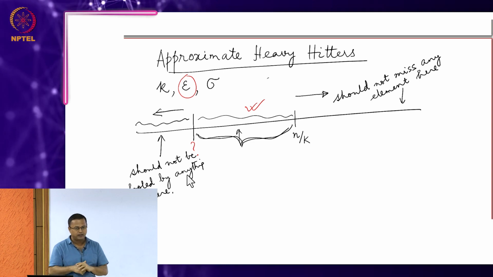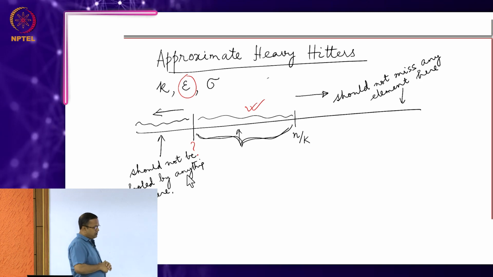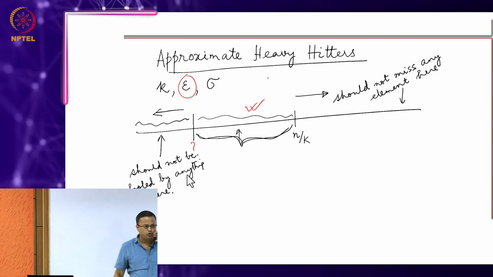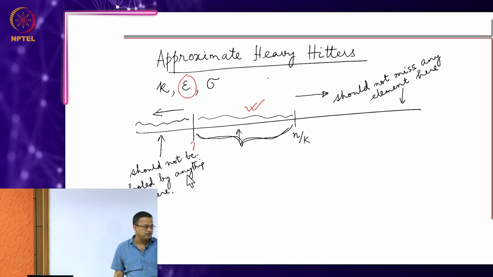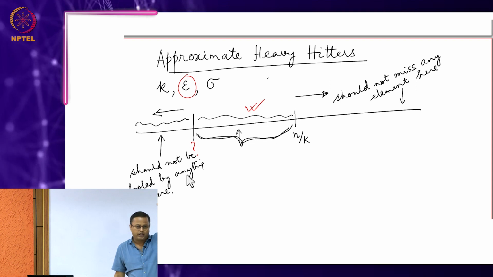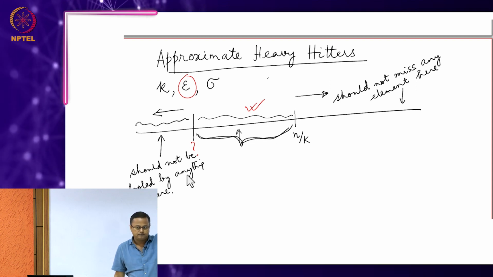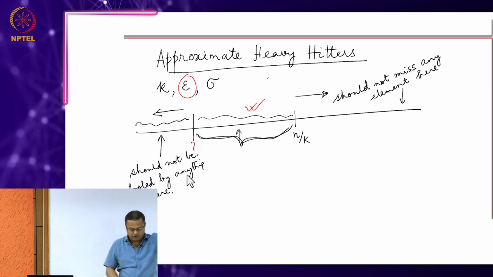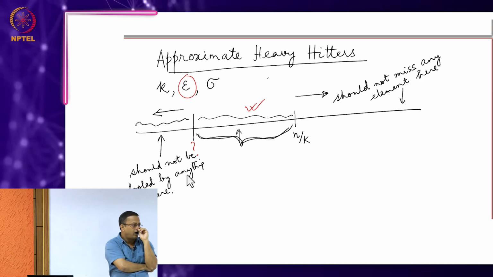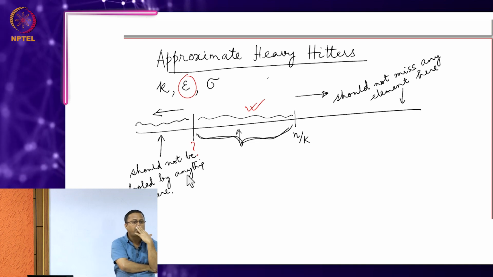So, here is a particular case. Now, what we saw was, if you want to compress space too much, there is this possibility of error shooting up, right, because there may be many elements mapping to the same location. How can I possibly reduce this?